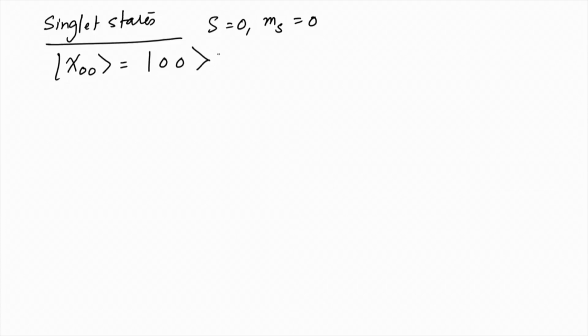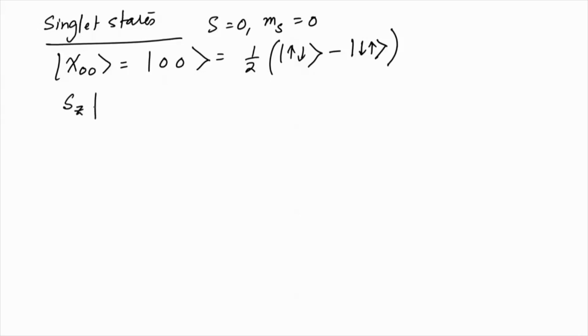Now we will just look at the singlet state, which corresponds to s equal to 0, m s equal to 0. We can call it chi 0 0, or use the notation |0 0>, which is equal to 1 over root 2 times up down minus down up. So, why is it a singlet state?